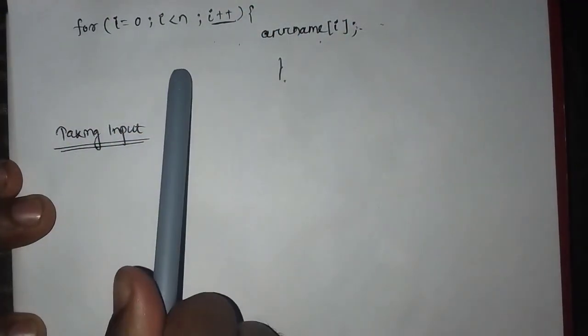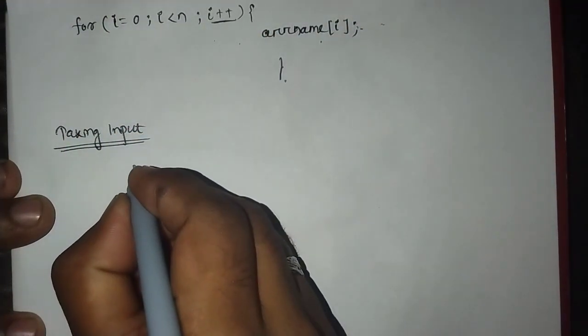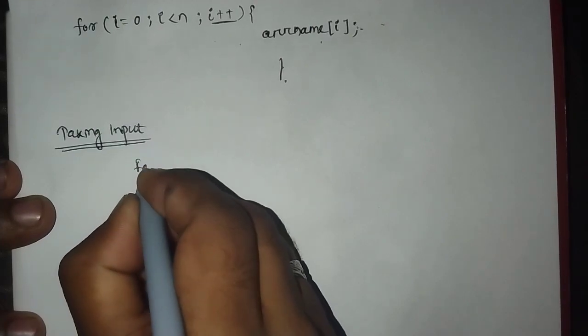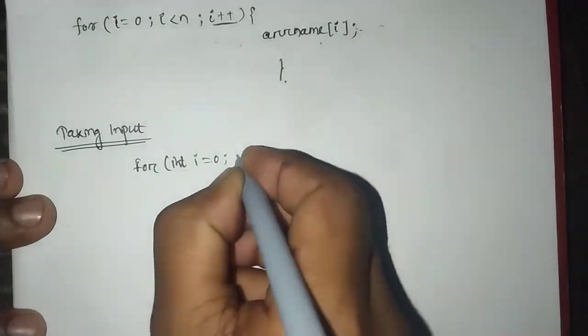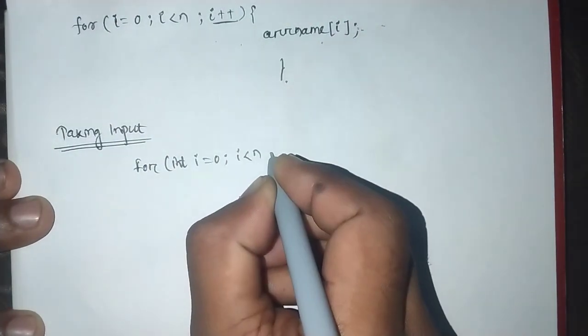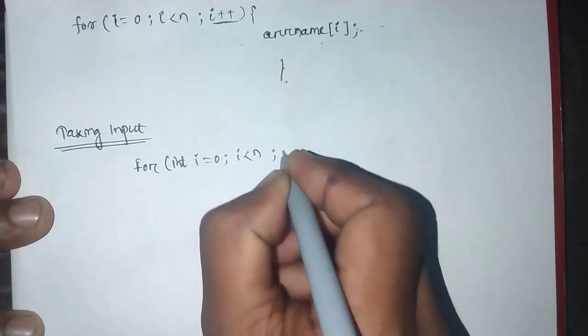For example, if you want to take input by using this for loop: for integer I starting from the 0th index and ending at n minus 1, I plus plus.